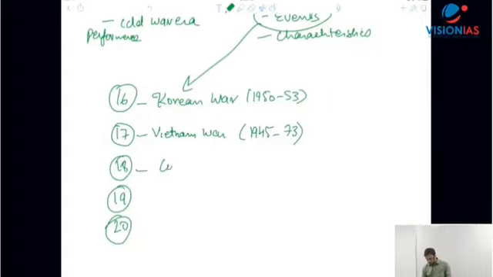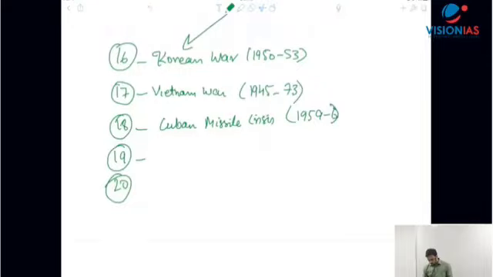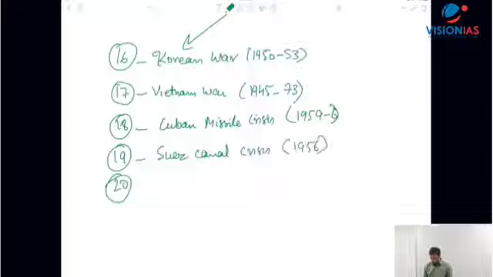Then there is the Cuban Missile Crisis. That also begins around 1959. Then also another important topic, apart from the Korean War, the Vietnam War, and the Cuban Missile Crisis, is the Suez Canal Crisis. That has been asked before.